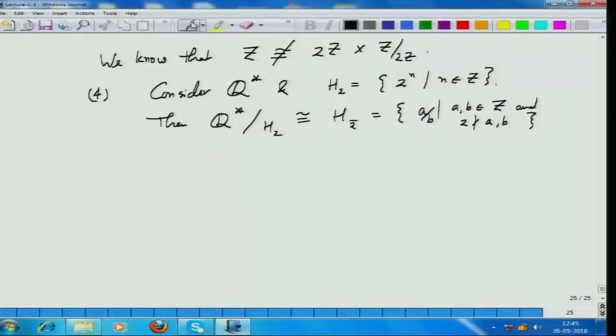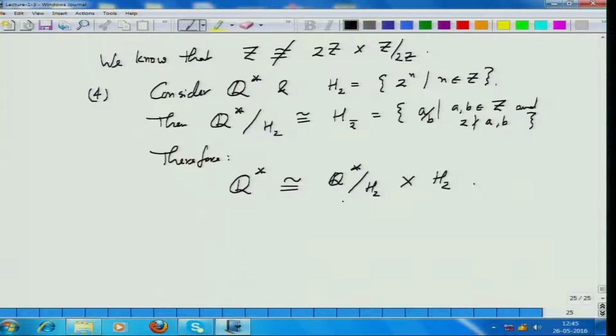And we also have Q star isomorphic to Q star slash H2 times H2. This we saw earlier, that Q star can be split as a product of H2 and H2 bar. And H2 bar is isomorphic to Q star slash H2.